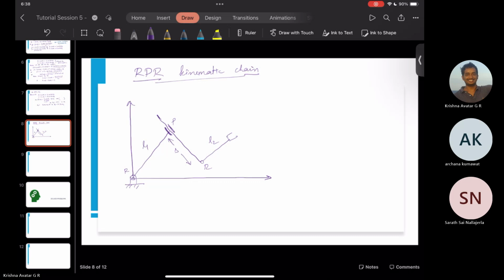So we'll be taking from this end of the link with length L1 to this revolute joint here as S, and S is also a variable. And for the angles, we'll have this angle as theta 1, and here this will be theta 3.